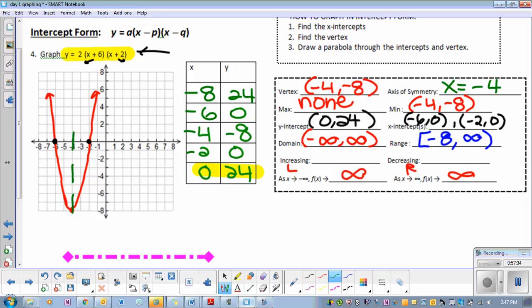So at -4, to the left you have -infinity, and to the right you have infinity. What is it doing from -infinity to -4? So then that means from -4 to infinity, what's it doing? Increasing. Good.